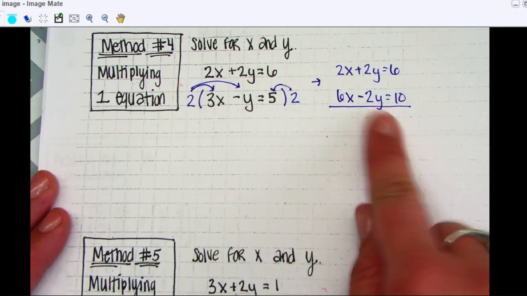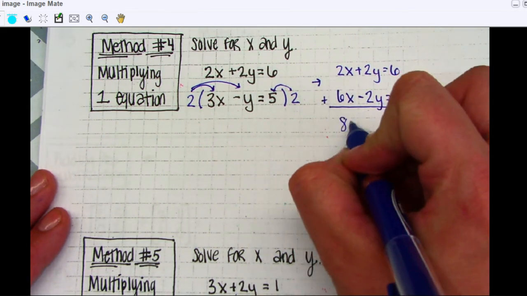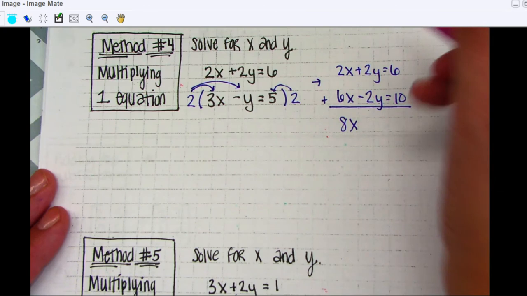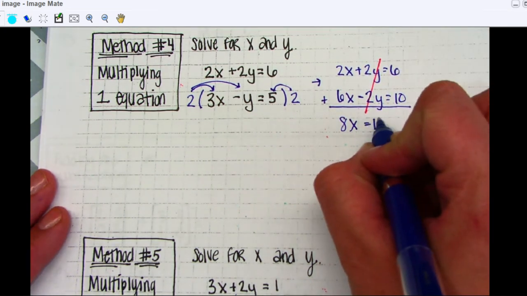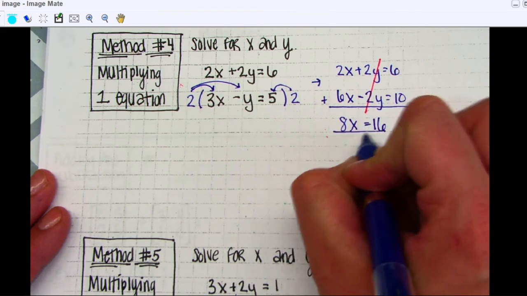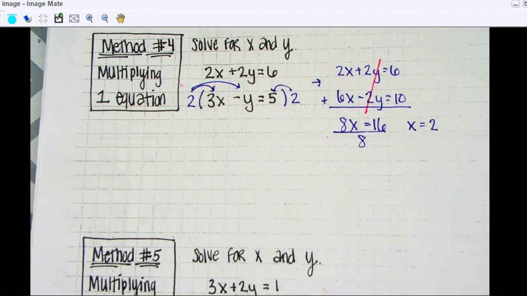So when I add down, 2 plus 6 is 8. 2y minus 2y is nothing. Equals 16. So x is 2. We're just manipulating the equation so we can eliminate a variable. Elimination is kind of the key to do all of these problems.